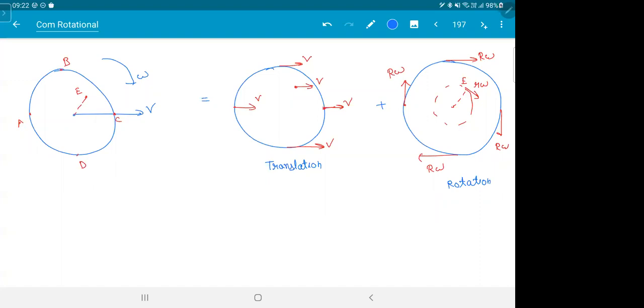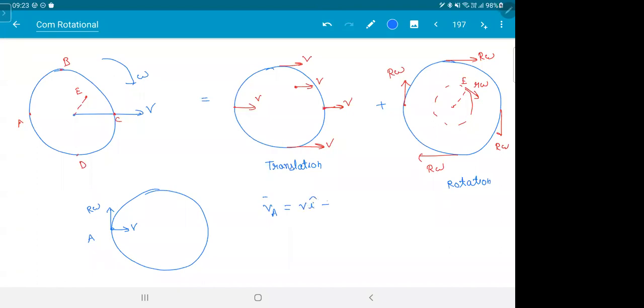Now, if someone asks you what is the speed of A? At A we have two speeds. Translation gives V from here and rotation gives R omega here. Can you see what it did? So what is the velocity at A?